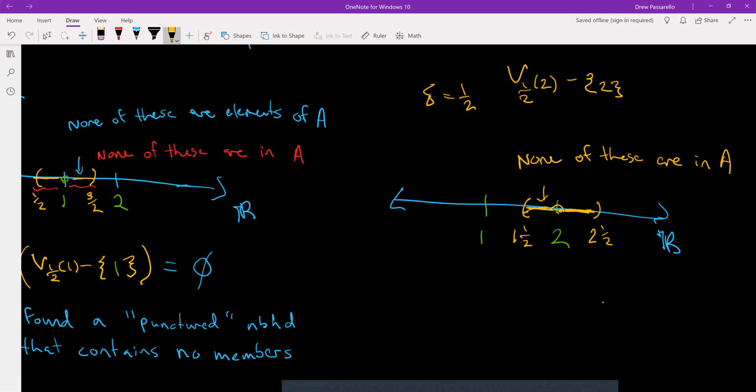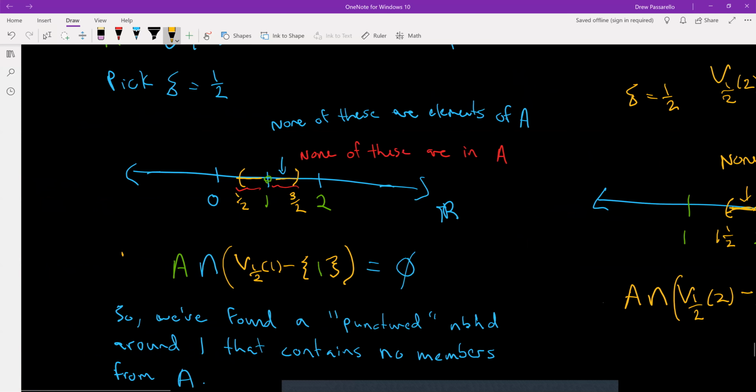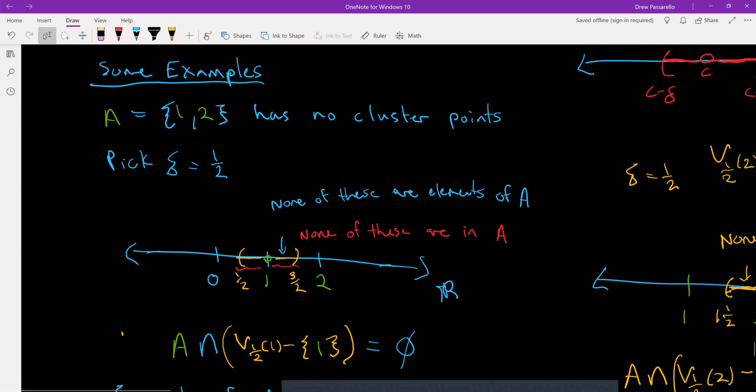So none of those are in A. So therefore, A intersect the punctured neighborhood with radius 1/2 around 2 is empty. All right, so that's an example where A has no cluster points.